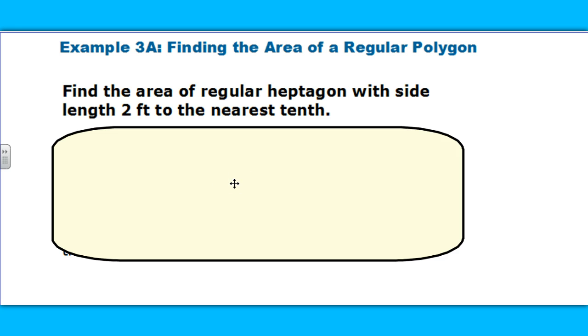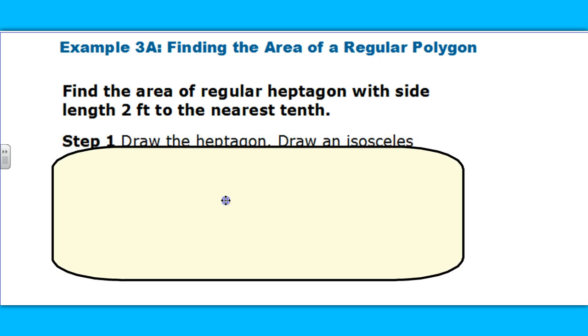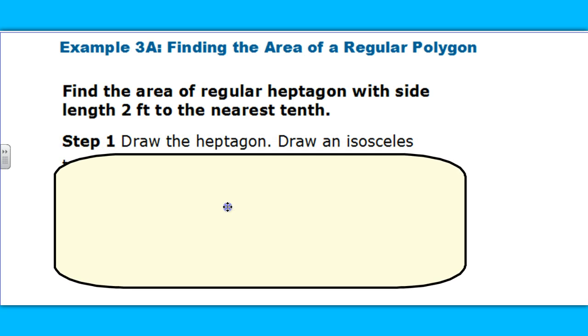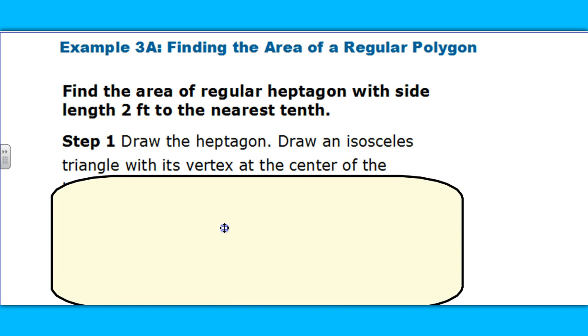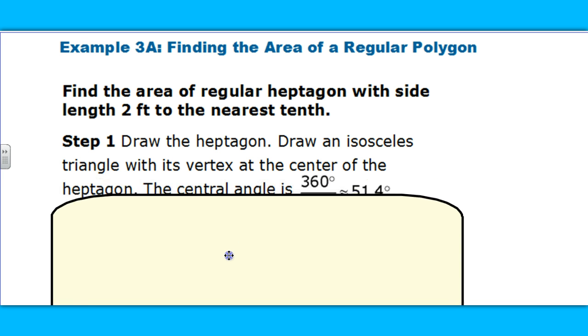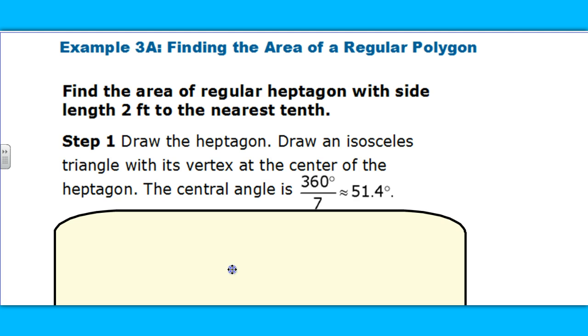So let's use that to find the area of a regular heptagon with side length 2 feet to the nearest tenth. Okay, so we'll start. We could draw the heptagon, the isosceles triangle with its vertex at the center of the heptagon. The central angle is 360 degrees divided by 7, right?